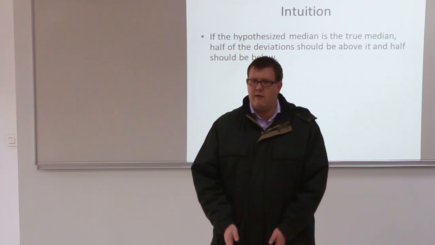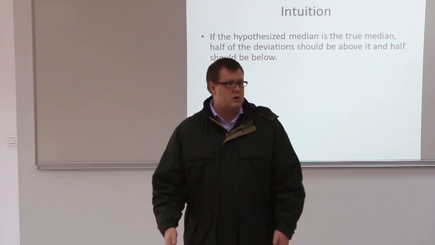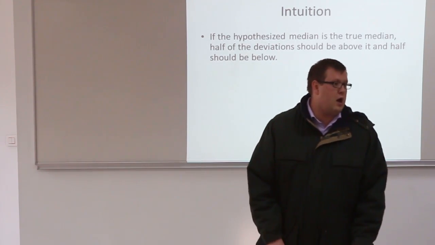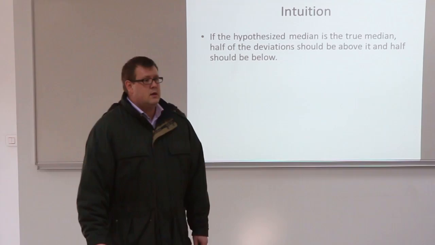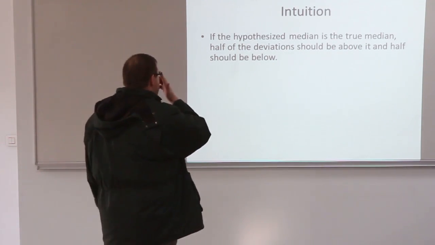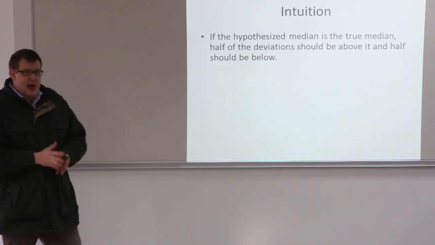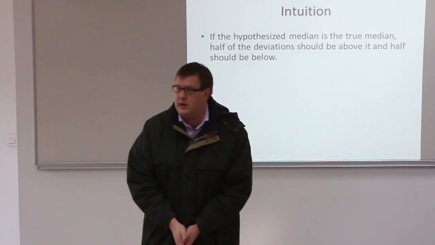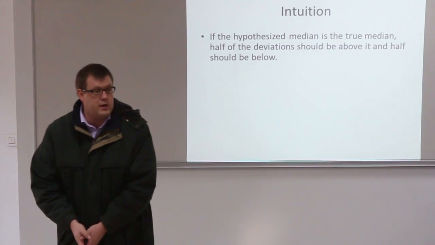Well, let's say you have 1, 2, 3. What's the mean? 2. What's the median? 2. Okay. So, if the hypothesized median is the true median, half of those deviations that we calculated should be above it, and half of them should be below it, right?